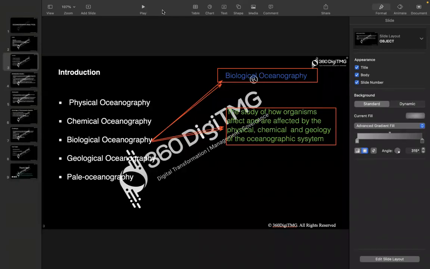Such a range in diversity means there is a need for a range of equipment and tools used to study the diversity.